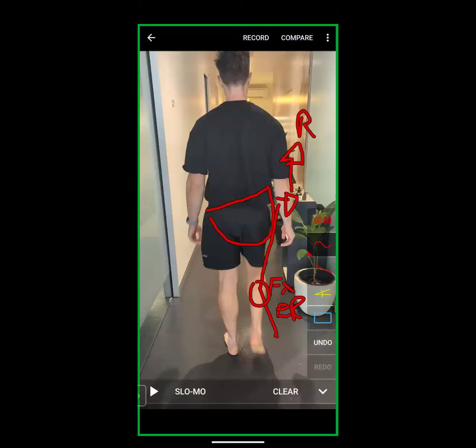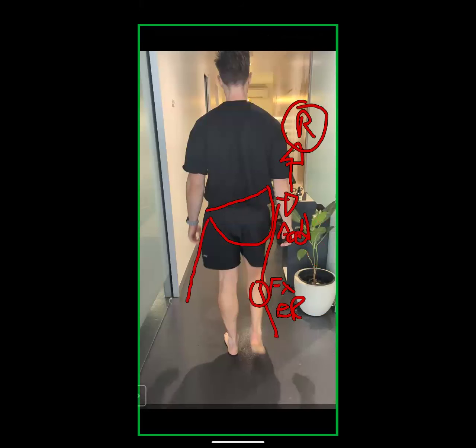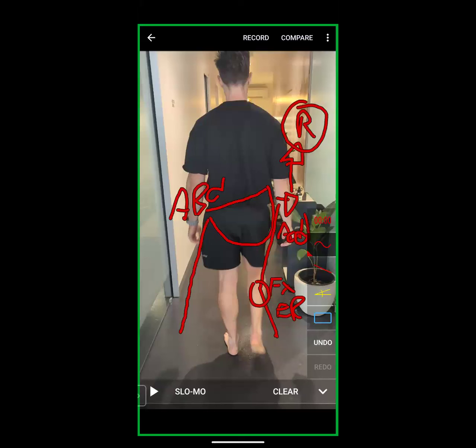That right pelvis shift is creating an adduction of his right hip. He had an abduction of the left hip.